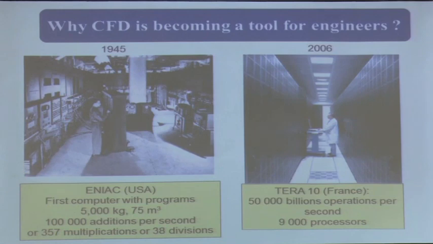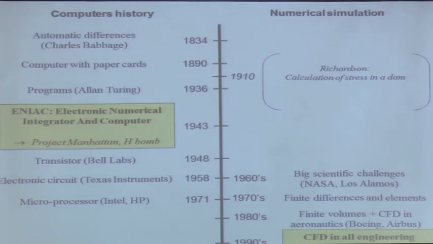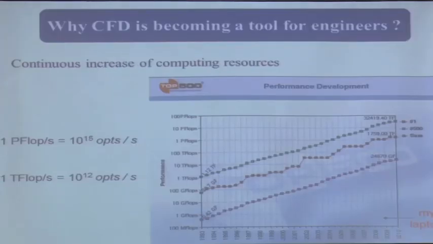Now it's a big storage room with lights, very clean, very nice. And of course the capacity of calculation has expanded a lot. So this is a history of computers, and you see here the increase in the computing power of the machines. This is the Top 500.